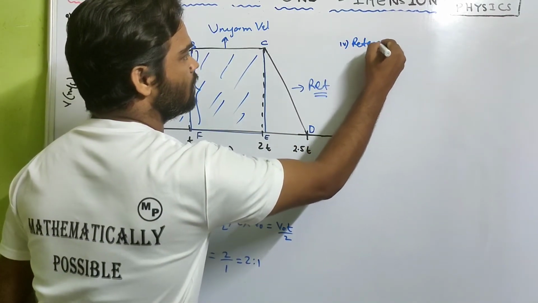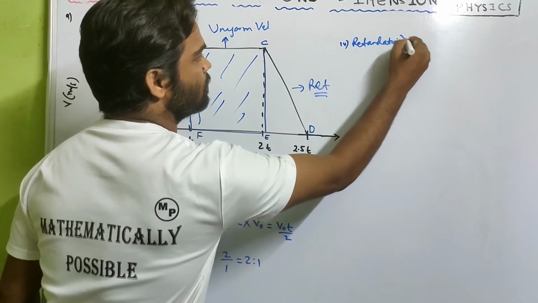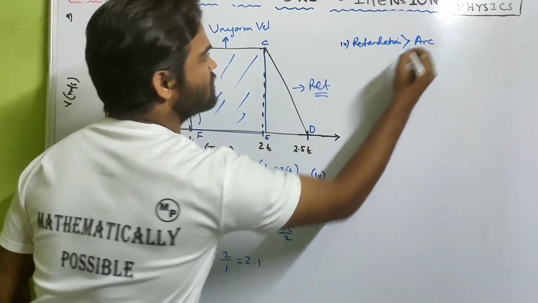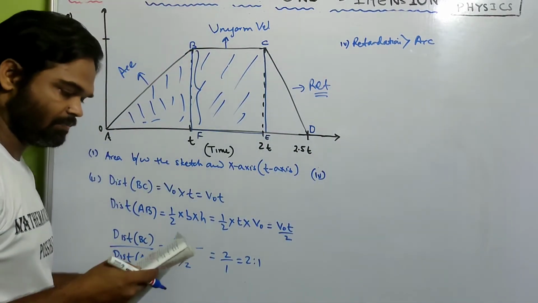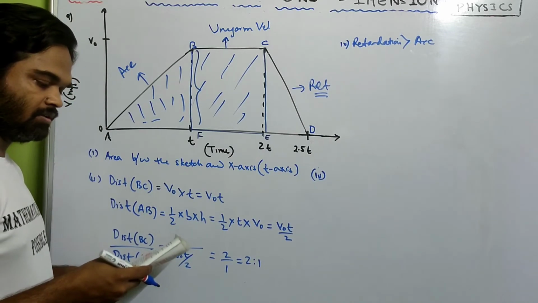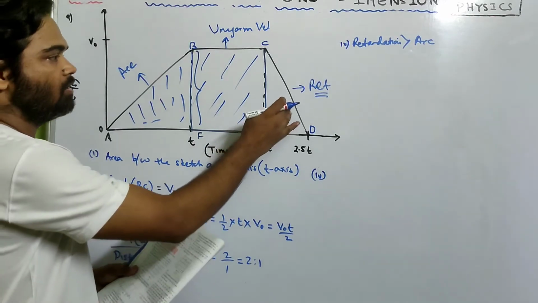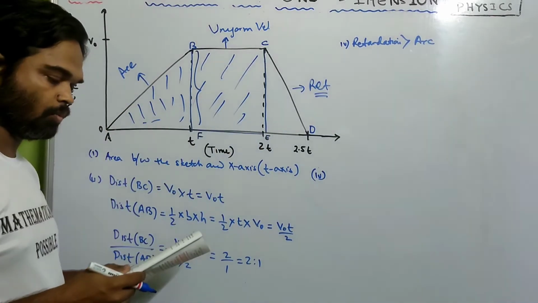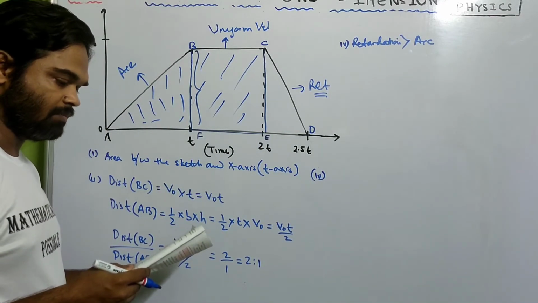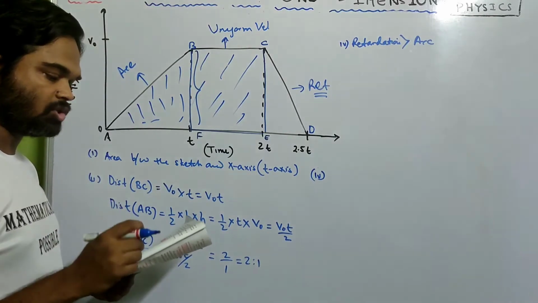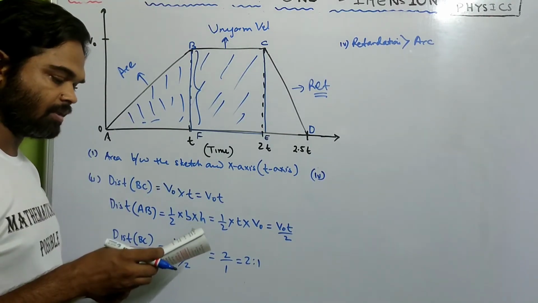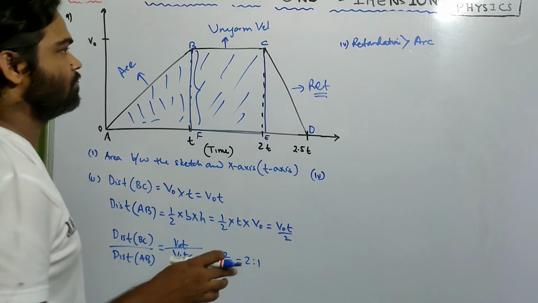Retardation is more as compared to acceleration, isn't it? Give a reason. I've told you. The slope over here is more as compared to slope over here. Now what they said? Compare the magnitude of acceleration and retardation.